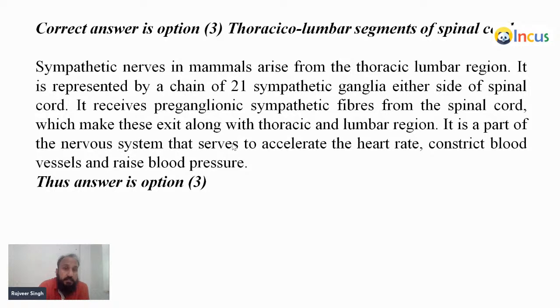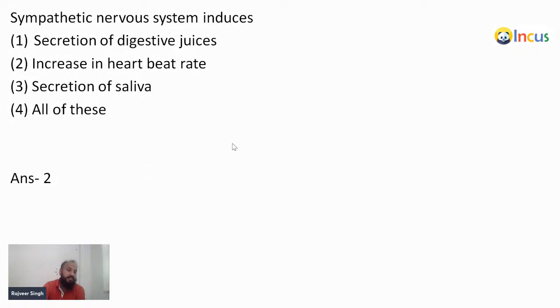It is represented by a chain of 21 sympathetic ganglia on either side of the spinal cord. It receives preganglionic sympathetic fibers from the spinal cord. It is a part of the nervous system that serves to accelerate the heartbeat, constrict blood vessels and raise blood pressure. The answer will be third. I hope you understand.